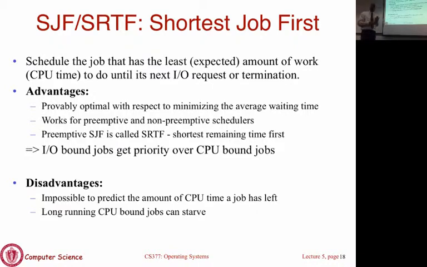The first thing is, although this is an optimal policy for waiting time, it is not possible to implement it in any real system. It's impossible to implement. The reason is exactly what was asked here: how does the scheduler know the length of a job? You start a process, you double click on Internet Explorer or Chrome.